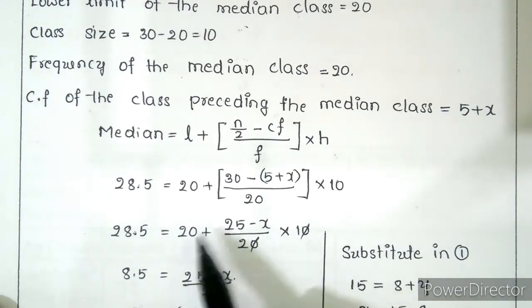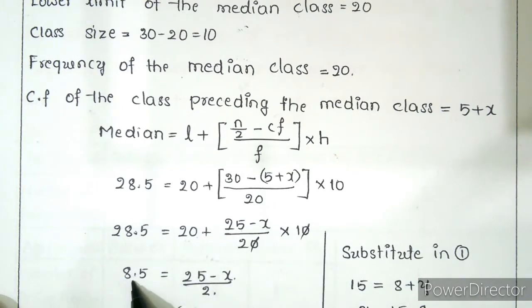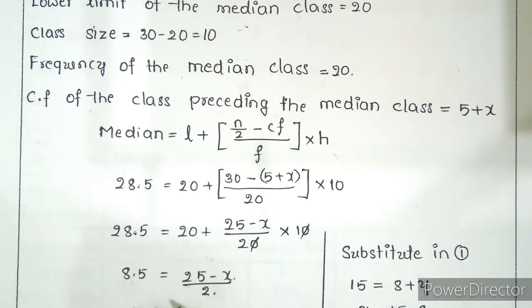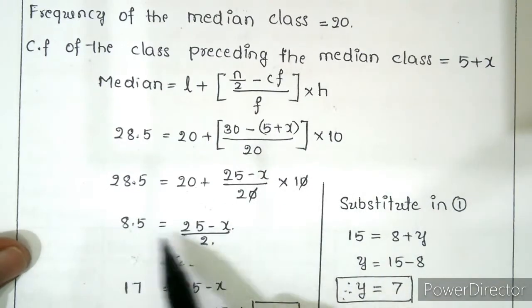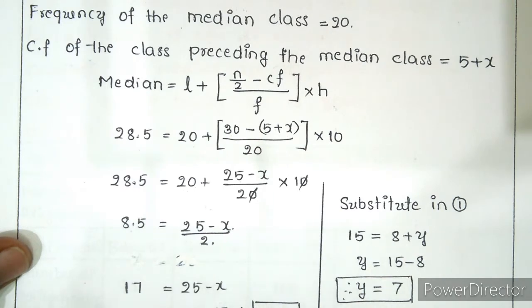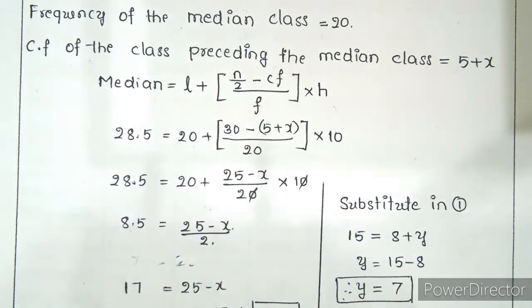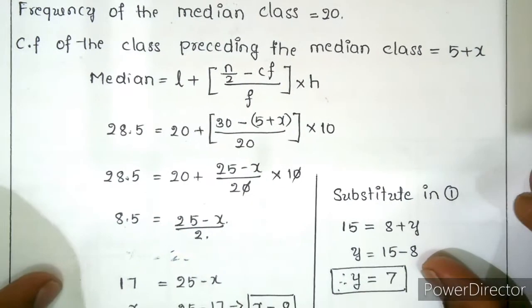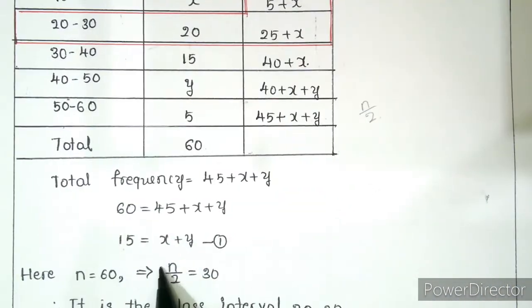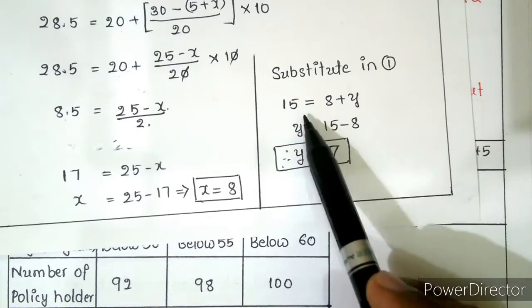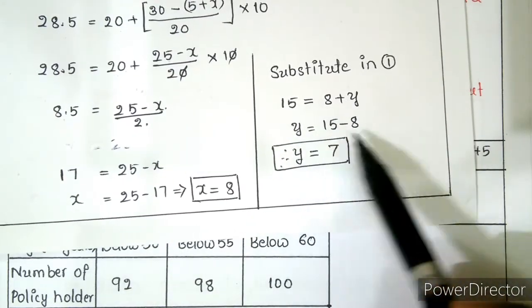When you take 20 to this side you get 8.5, so transposition, 25 minus x divided by 2 equals 8.5. Taking 2 to this side, 17 equals 25 minus x, x is equal to 25 minus 17, therefore x is equal to 8. Substitute the value in equation 1: 15 equals x plus y, 15 equals 8 plus y, so y is equal to 7.